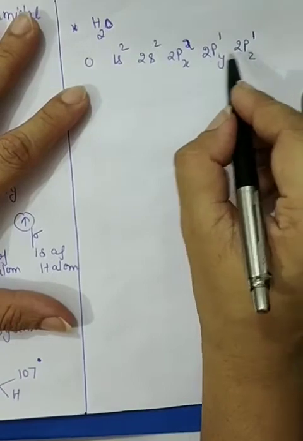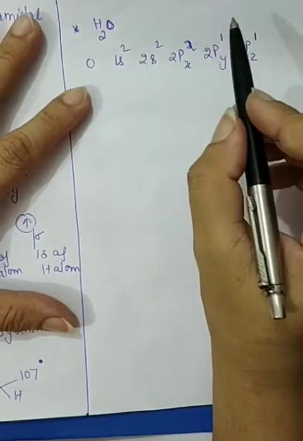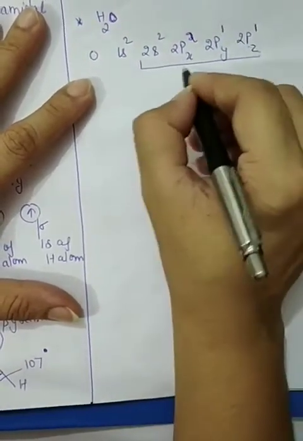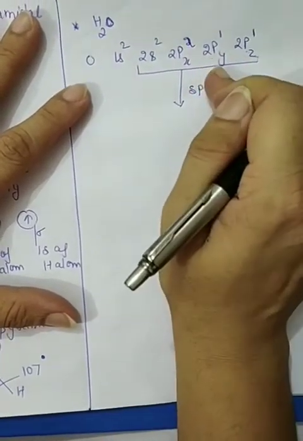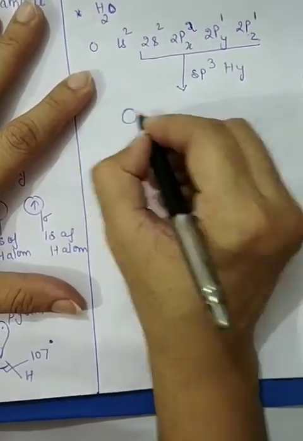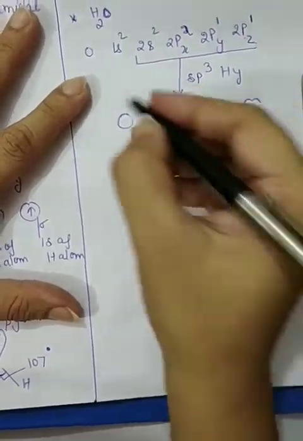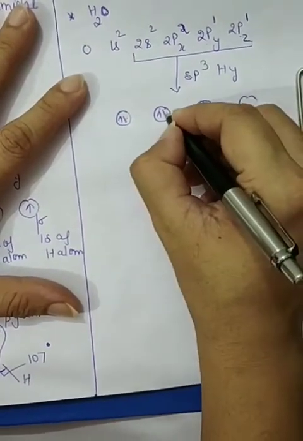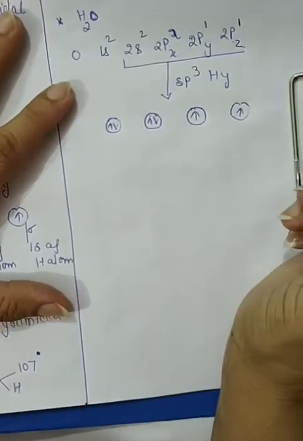Now it has 2 half-filled atomic orbitals, and also 2 atoms are bonded with oxygen, so there is no need to excite the electron. Hence, these 4 orbitals of the same shell undergo sp3 hybridization to give 4 sp3 hybrid orbitals, in which 2 have a pair of electrons and the other 2 have 1 electron each.